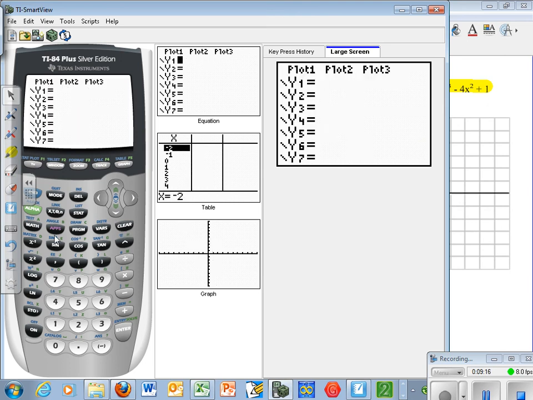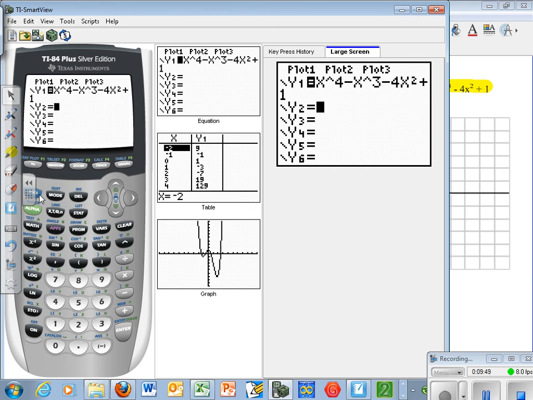And let's put in x to the 4th, minus x cubed, minus 4x squared, and plus 1. Alright, so I got that in y equals. I'm going to hit enter.